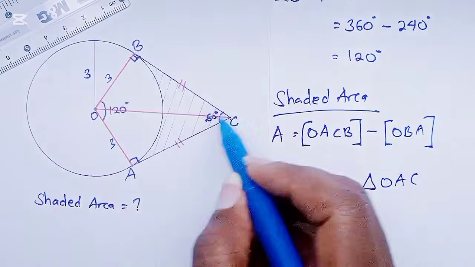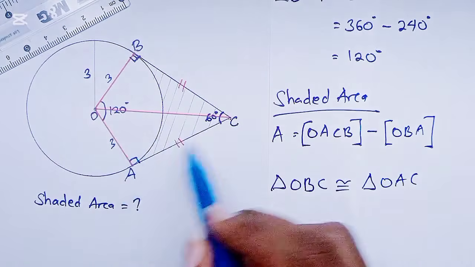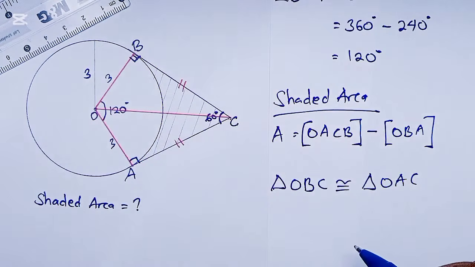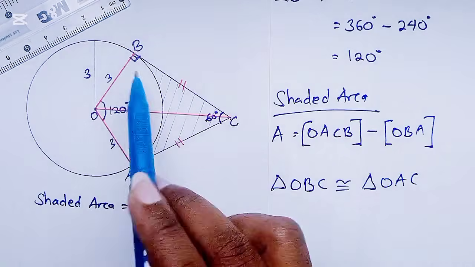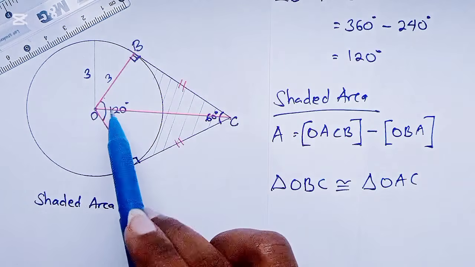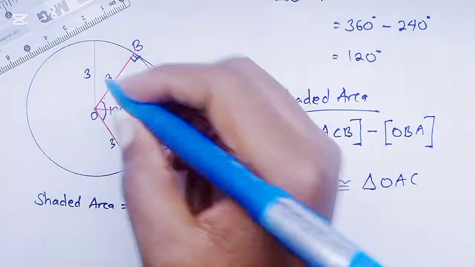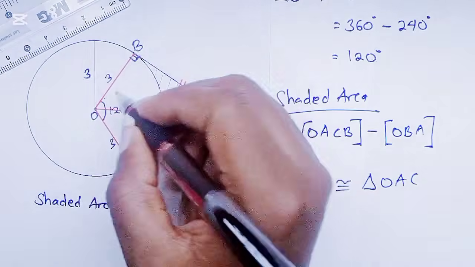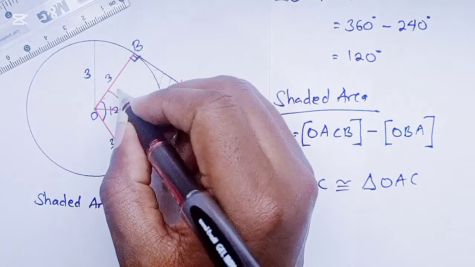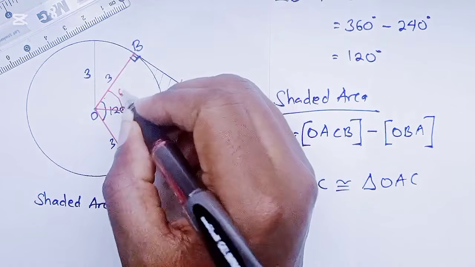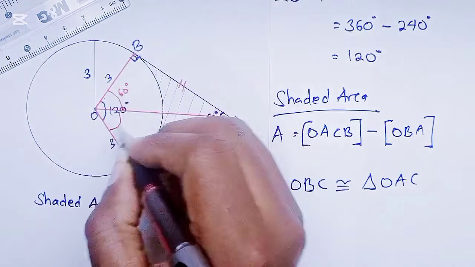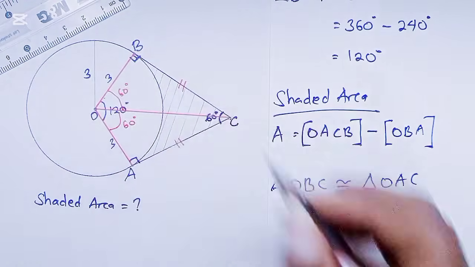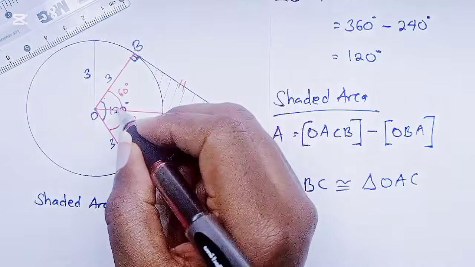This upper triangle is congruent to this lower triangle. That implies that this angle is equal to this angle. So if the whole of this angle is 120 degrees, this one will be 120 divided by 2, which is 60 degrees. Also, this one will be 60 degrees.